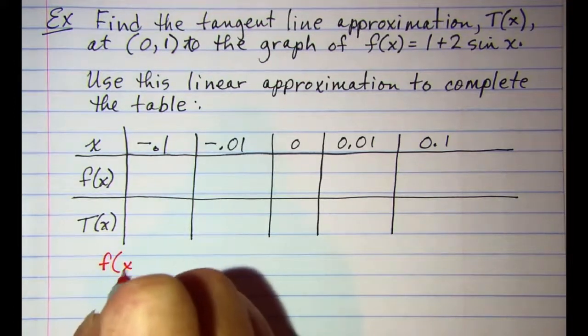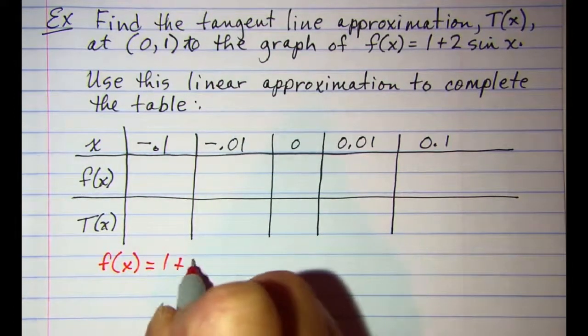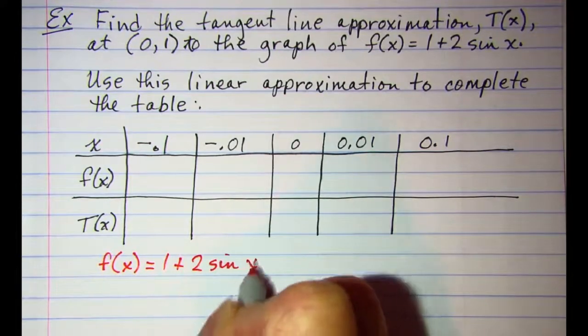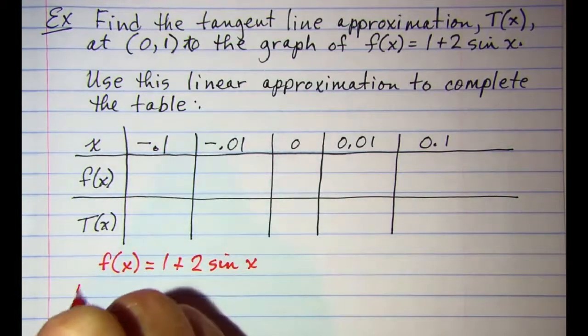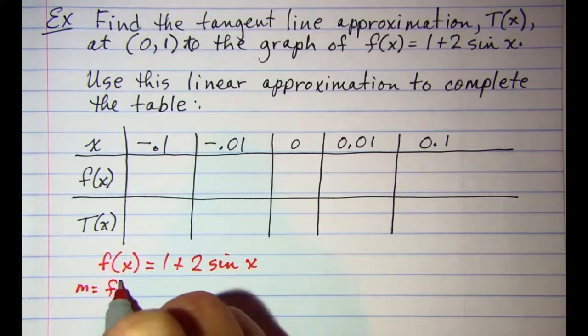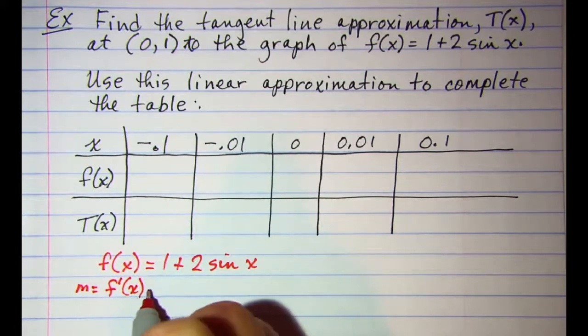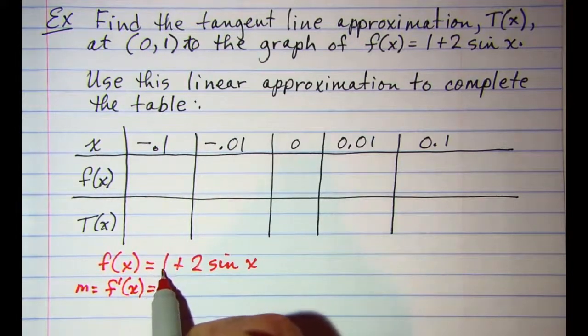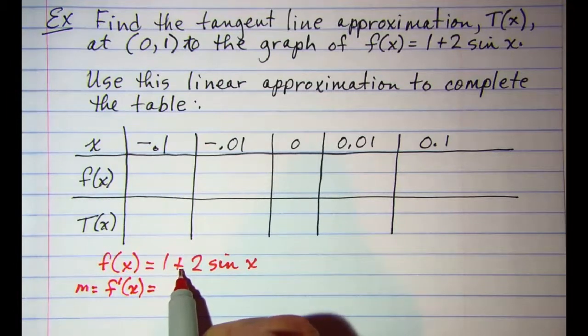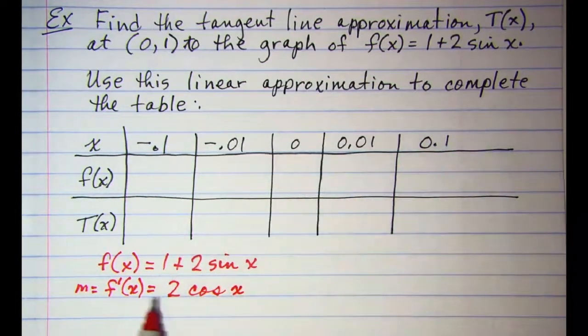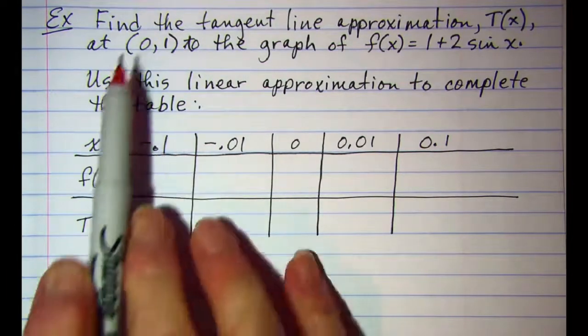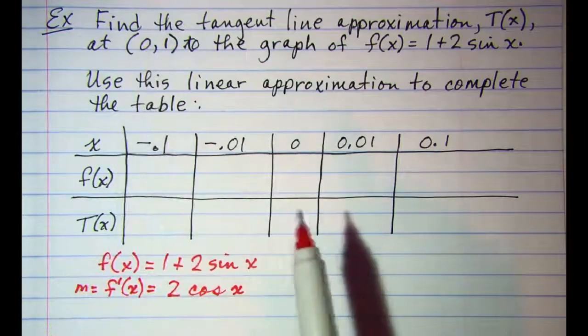If f of x equals 1 plus 2 sine x, our first step would be to find the slope of the tangent line. And the slope is going to be the derivative of f of x. So we have 0 and then 2 cosine x. Now this is our generic slope at any point on the curve, but we want the tangent line at the point (0, 1).